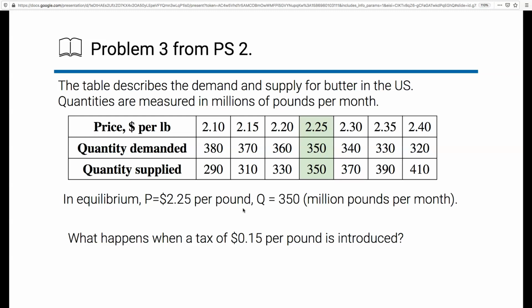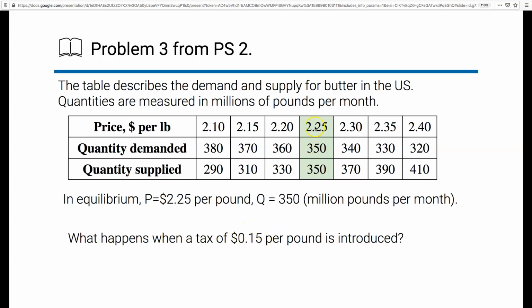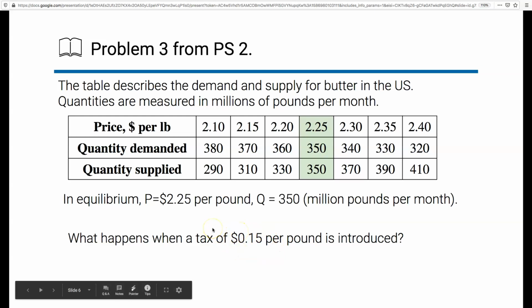So now, on top of any price they receive for the butter that they sell, producers are forced to pay a 15 cents tax per unit to the government. So for example, if they were trading at 225, every time they receive 225, they now need to give 15 cents away in the form of the tax.